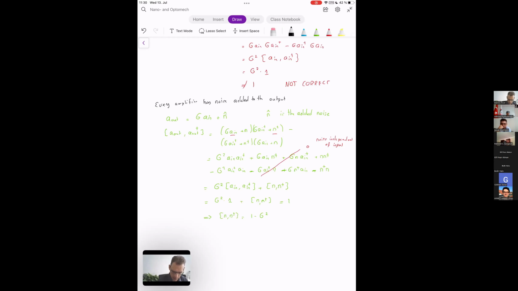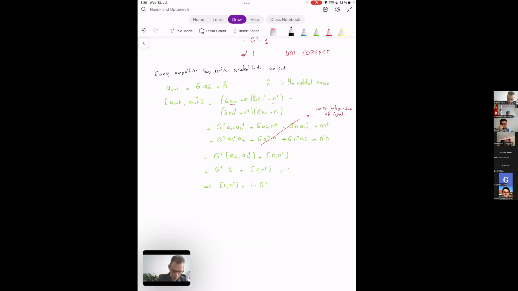Okay, so from this very general argument that there has to be noise at the output, we have been able to calculate this commutation relation. But of course, that's not what we're interested in, right? We don't want to know properties of these noise operators. We want to know what is coming out of our amplifier.